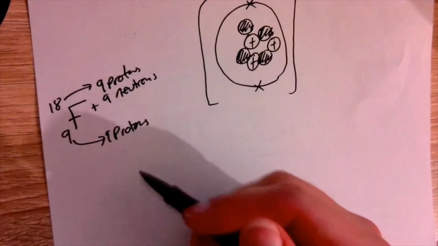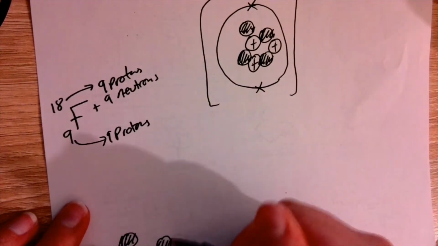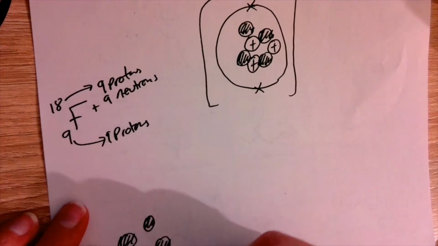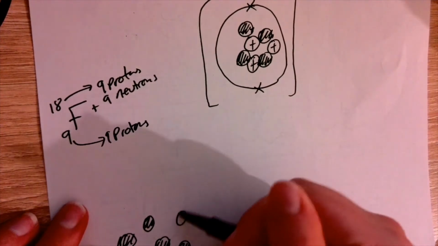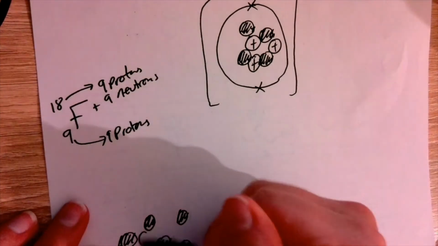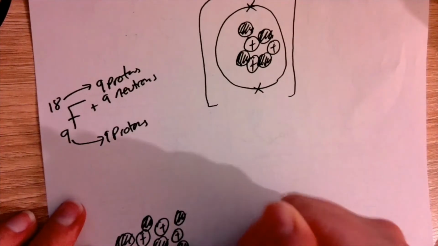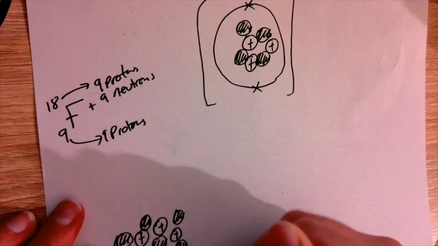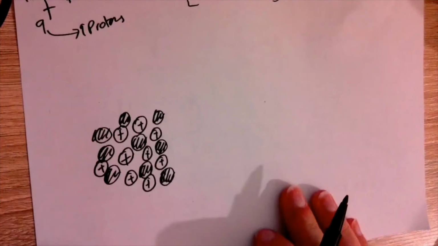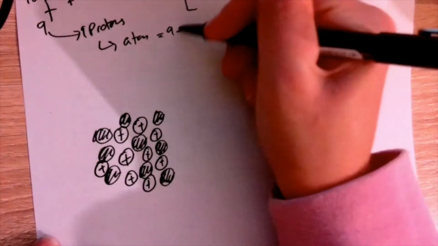So for our atom of fluorine, 9 neutrons, and then 9 protons. For an atom, we're going to have 9 electrons.